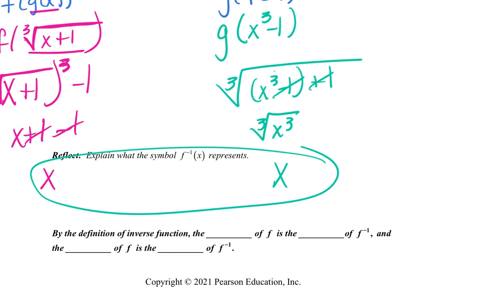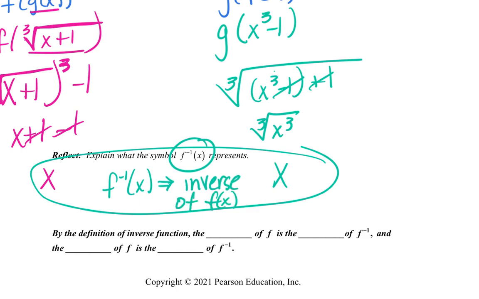Now explain what the symbol f to the negative 1 of x means, this is the inverse. So this implies the inverse of f of x. And I'm going to erase this.